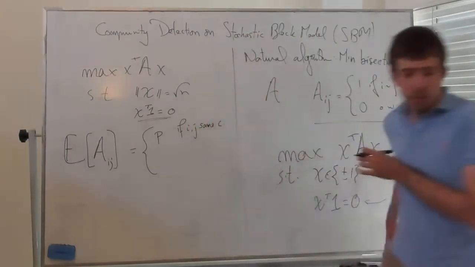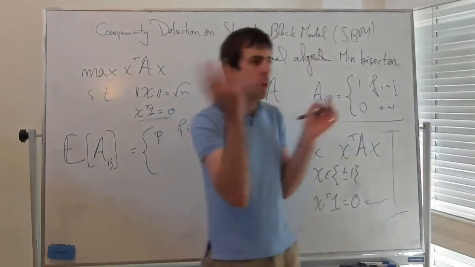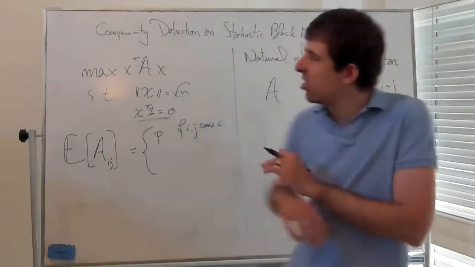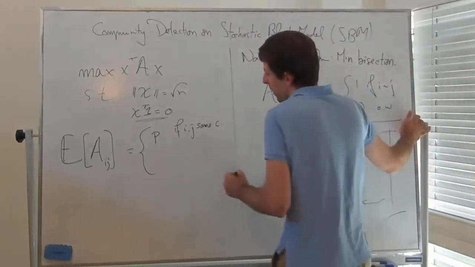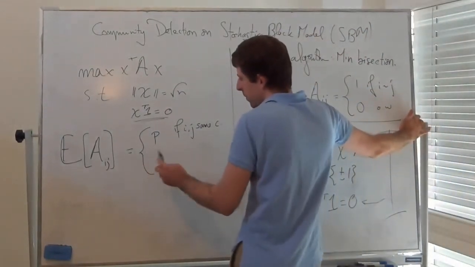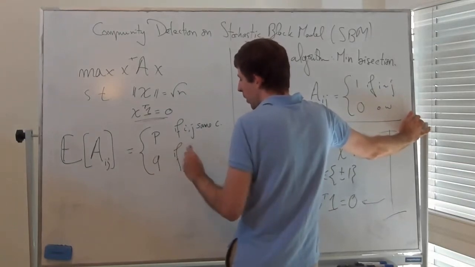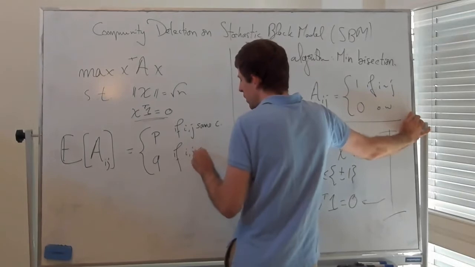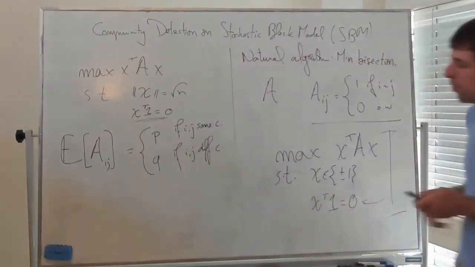And here I'm considering that if I is the same as J, they can also get a loop with probability P. That doesn't change anything for the sake of bisection and so on, we'll just make the math a little bit simpler. And Q, if I and J are in different communities. But so what is this?